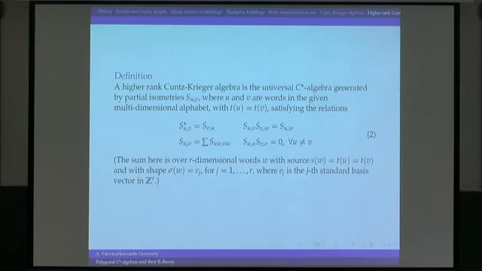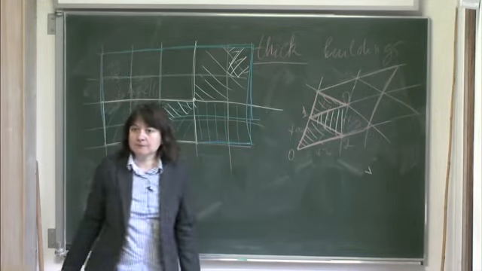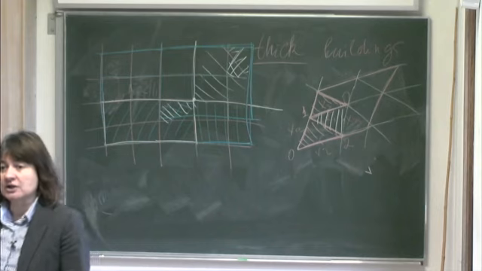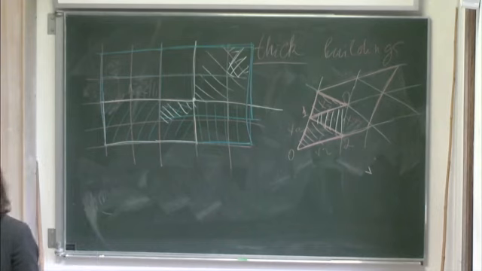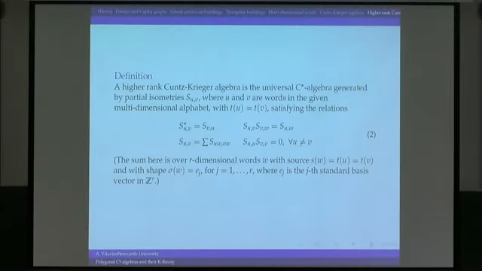We say that there is a partial isometry between two-dimensional words if their final tiles are the same. With usual words on the Cayley graph of a free group, we were just saying that there is a partial isometry between two words if their last letters are the same. But here, we say that their final tiles are the same.